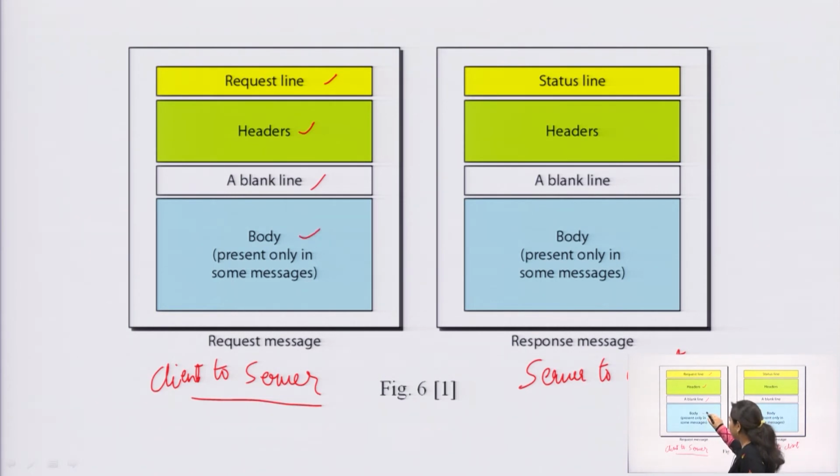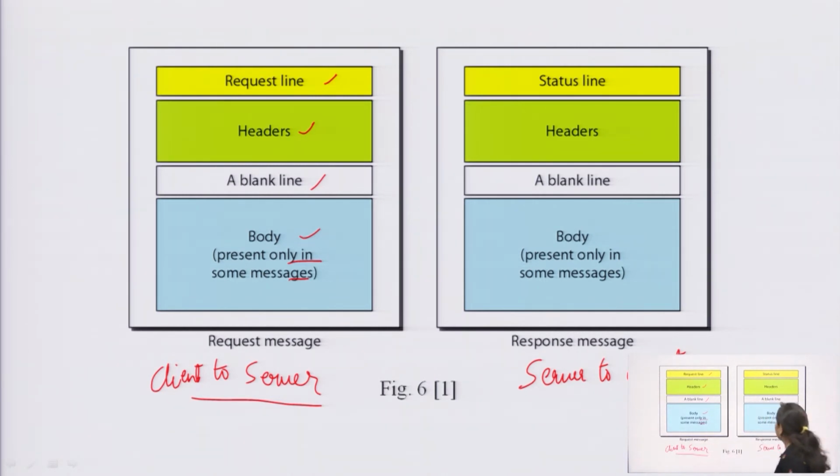The body is present only in some messages. Every time it is not required that you add data in the body; you may just add the header information, because it is a request message and it is not always required to transfer particular data.